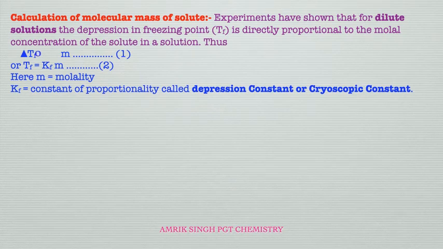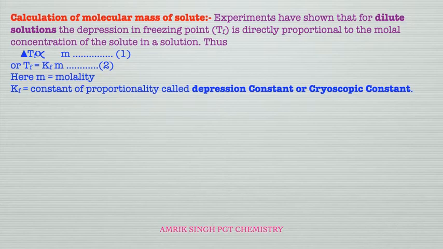Calculation of molar mass: again, experiments have shown that for dilute solutions, the depression in freezing point is directly proportional to the molal concentration of solute in solution. That is, ΔTF is directly proportional to molality.